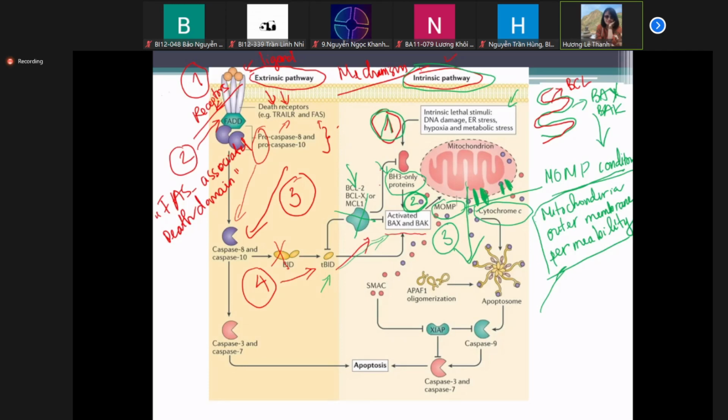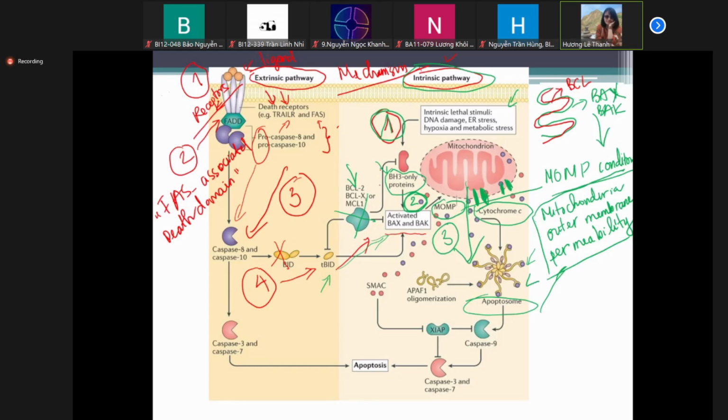The cytochrome C in the cytoplasm will go and bind to the apoptosome. They are a complex of proteins that perform the final step to begin the cellular breakdown.